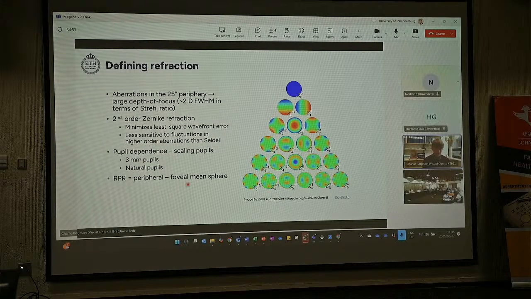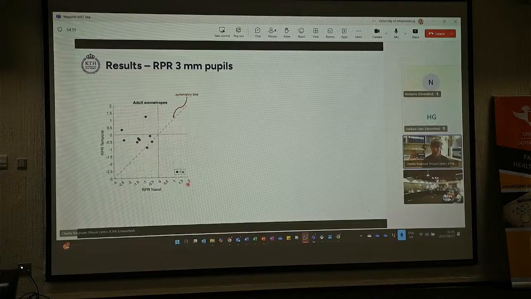So, what are the results? In this graph, I've plotted the adult data from the adult emmetropes. On the x-axis, we have relative peripheral refraction in the nasal visual field, and on the y-axis, in the temporal visual field. This dashed line in the middle is the symmetry line, and this means that if the subject had the same relative peripheral refraction in both the nasal and temporal visual field, the dot would end up on this line.